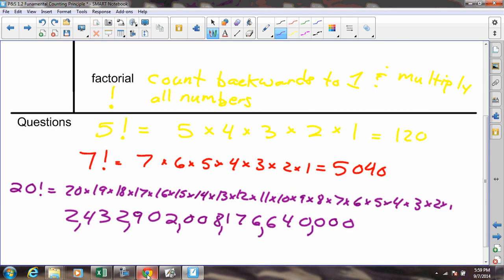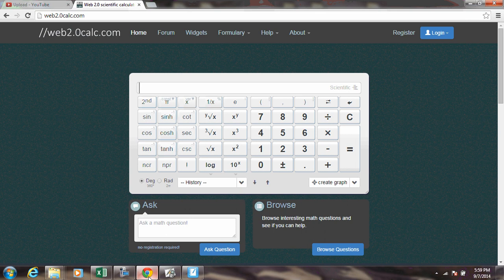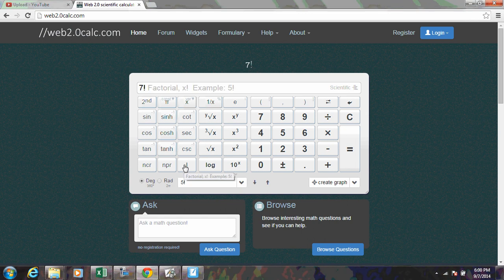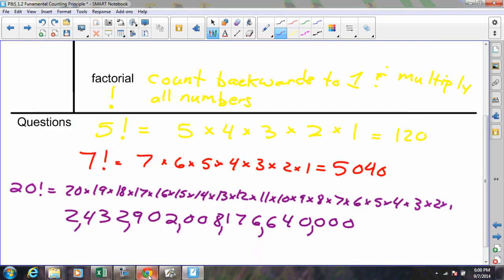You see how 5 factorial we multiplied out to get 120? You could type it into your calculator, 5 factorial equals, and right up above it in the white, we have 120. We also looked at 7 factorial equals 5040, which matches exactly what we had in the red.